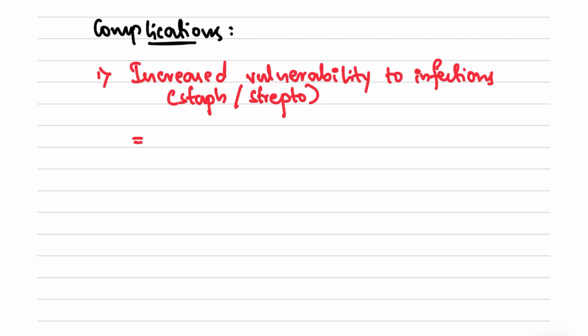Why is this happening? Because of loss of immunoglobulins in the urine. Because of increased glomerular leaking, immunoglobulins will be lost in the urine.